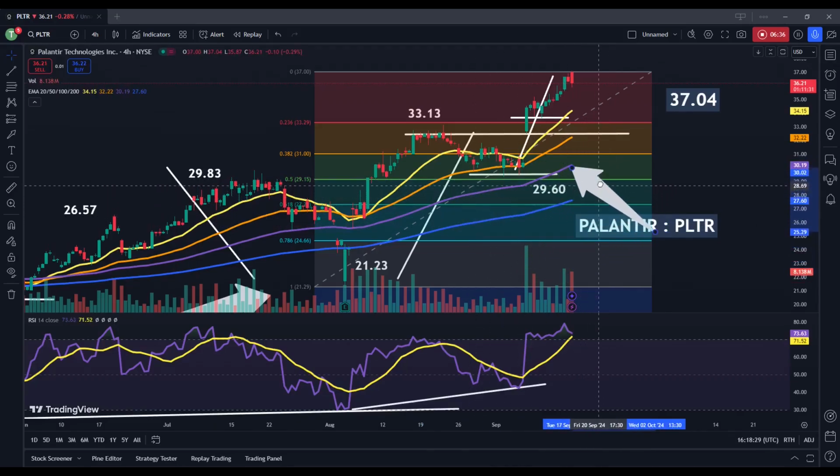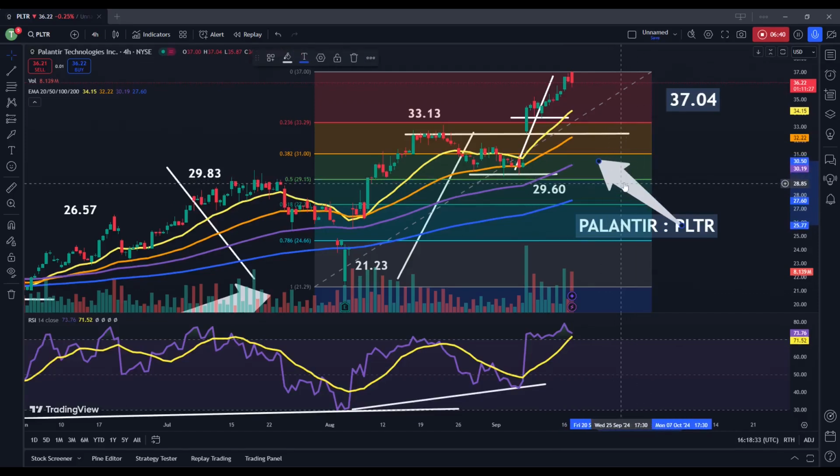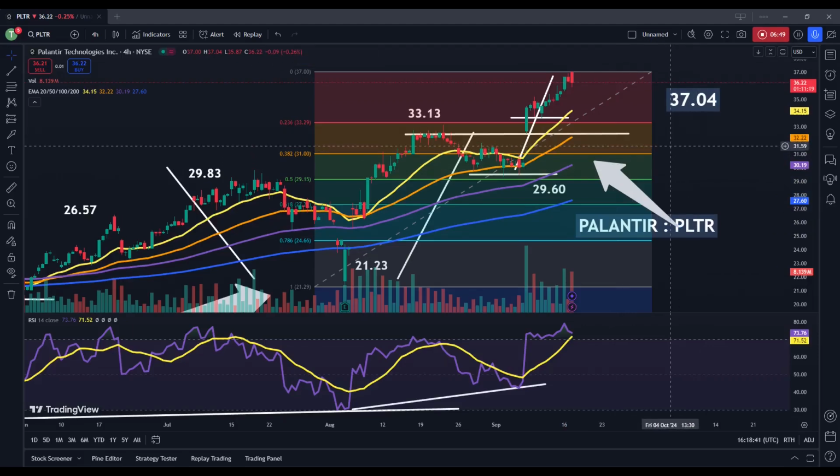And as we can see here, it's very close to coming into contact with this sideways orange zone here. So once we start to see that confluence of events, that will solidify this area as a very important support zone to the downside. And it would be the initial target if we did see 33.30 price levels start to break.